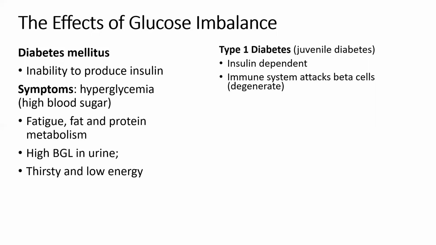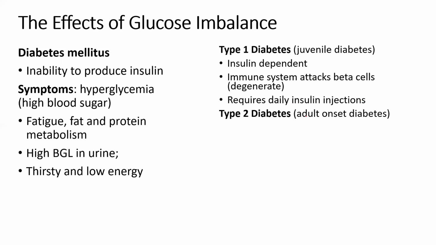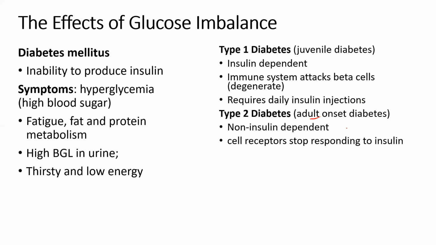The immune system, this is autoimmune, attacks the beta cells and requires daily insulin injections. Type 2 is adult onset, non-insulin dependent. Cell receptors stop responding to insulin, it develops gradually, and obesity is a risk factor.